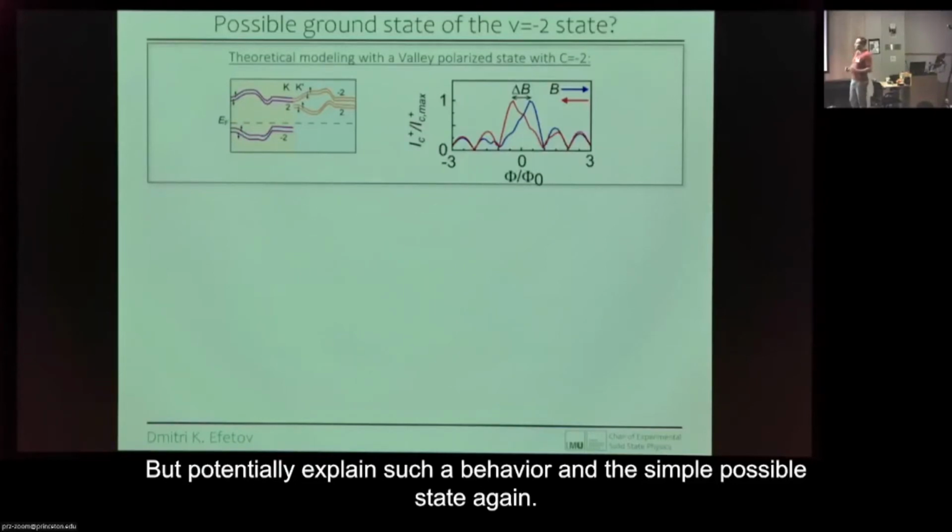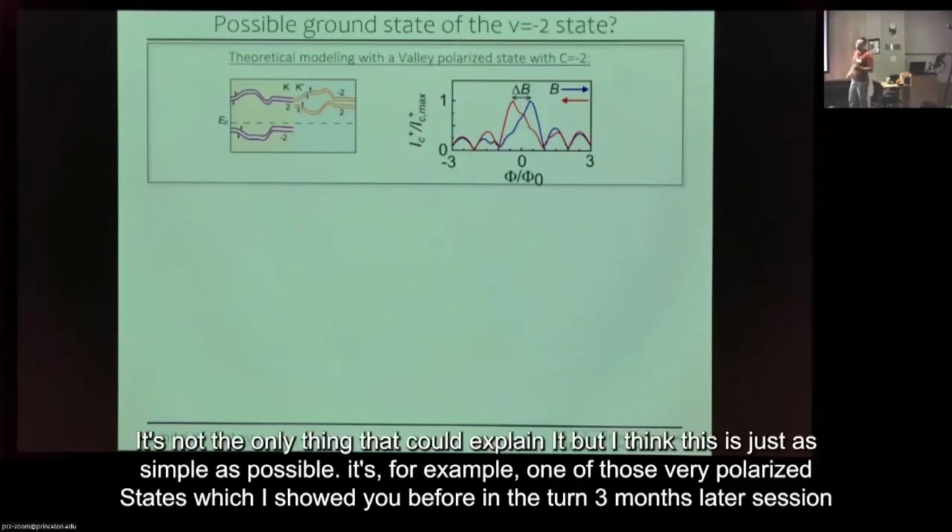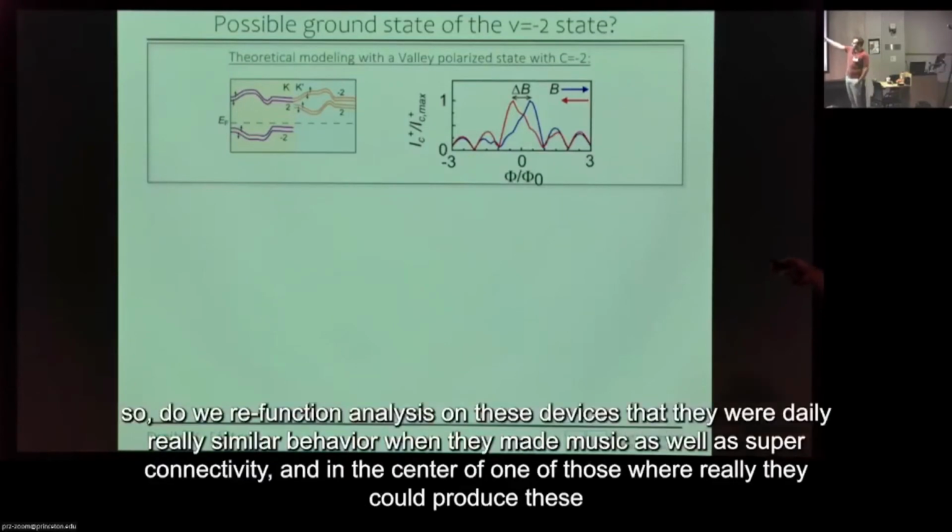It's not the only state that could explain it, but I think the simplest possible state is, for example, one of those valley polarized states, which I showed you before in the Chern insulator session. Doing Green's function analysis on these devices, they obtained really similar behavior when they assumed S-wave superconductivity and, in the center, one of those valley polarized states.